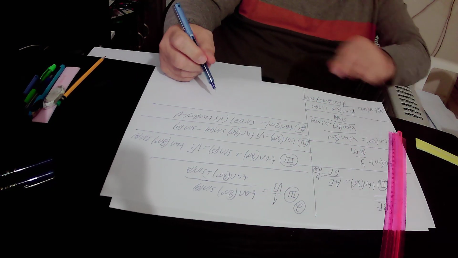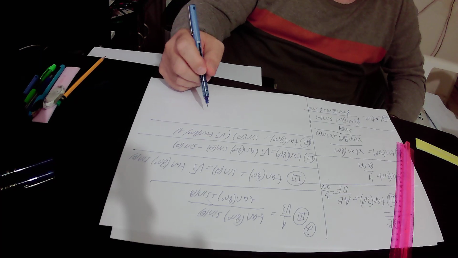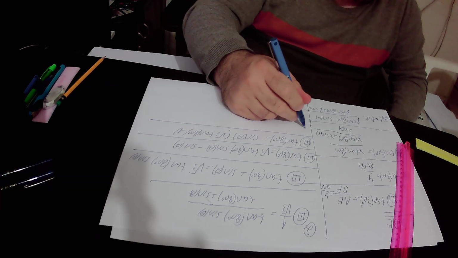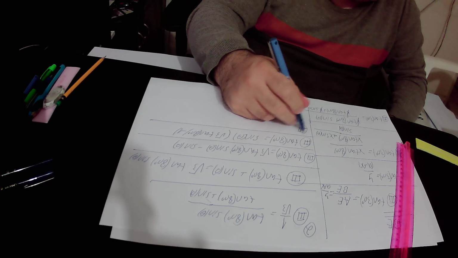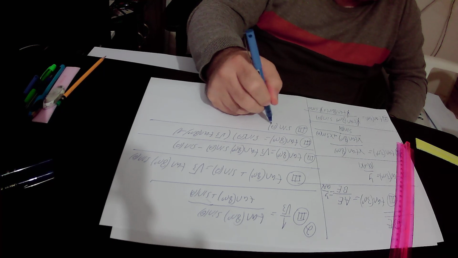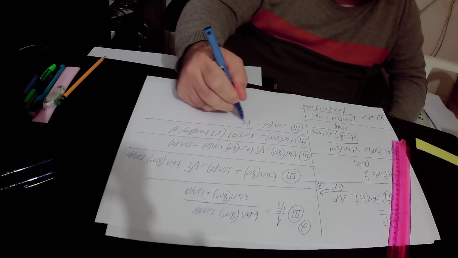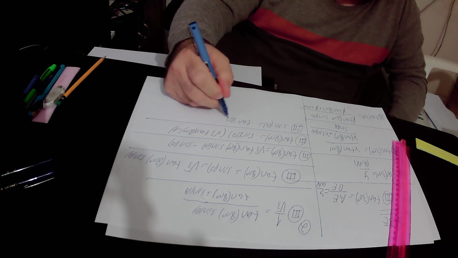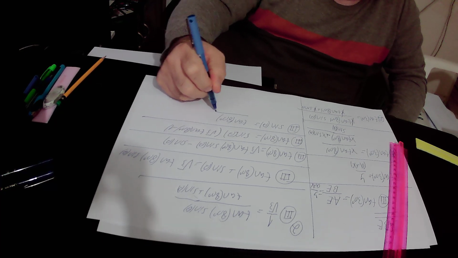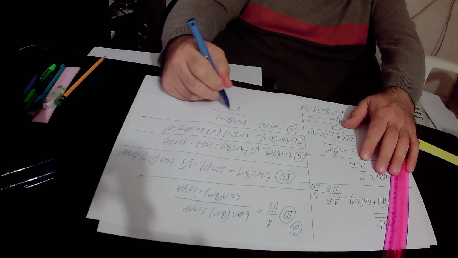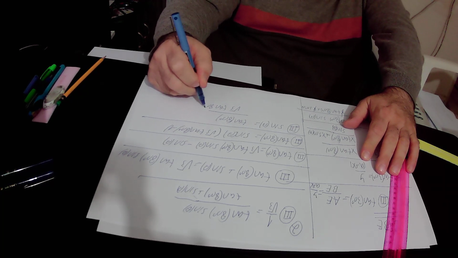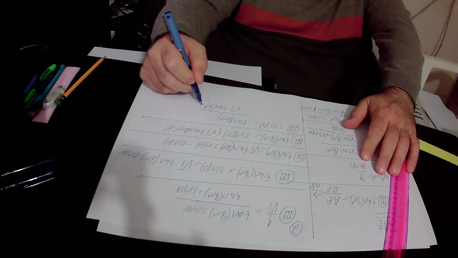Here we will divide this equation by square root of 3 tangent 80 degrees minus 1, and we will get that sine theta equals tangent 80 degrees over square root of 3 tangent 80 degrees minus 1.